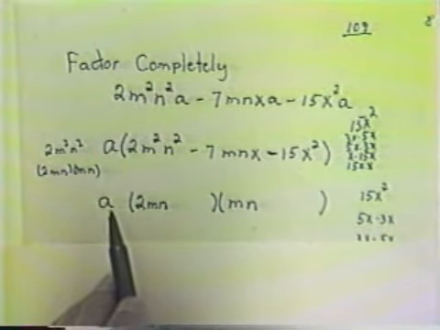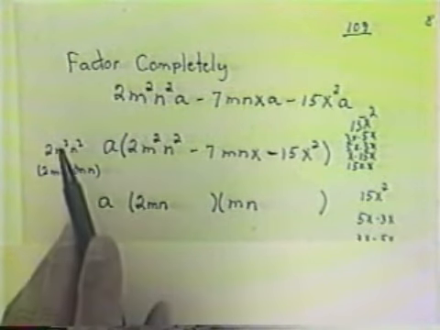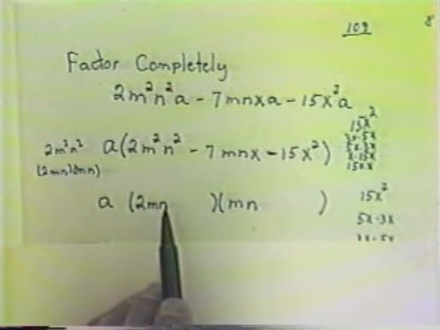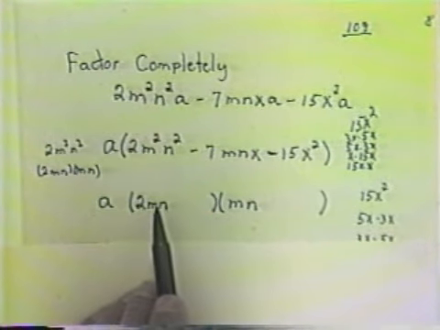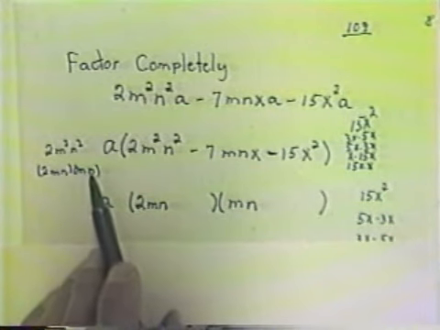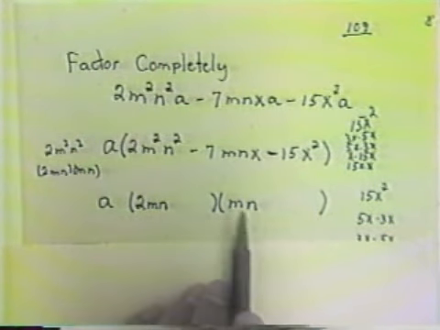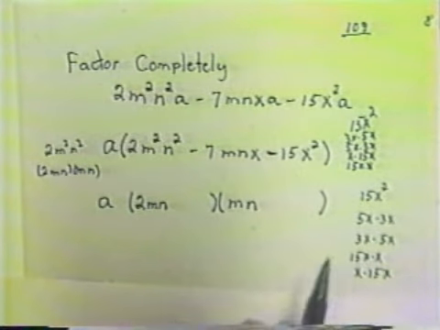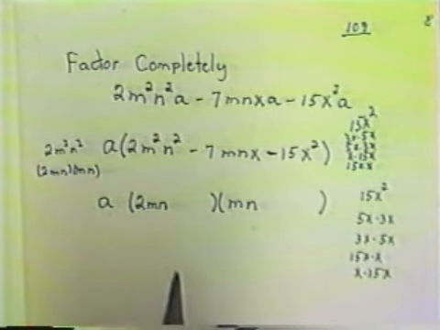So we have a. We know that the only way of getting 2m squared n squared is 2mn, so I'll go ahead and put that one down. Or 2mn times mn, so I'll put those down. That's not guess, this is fact so far.